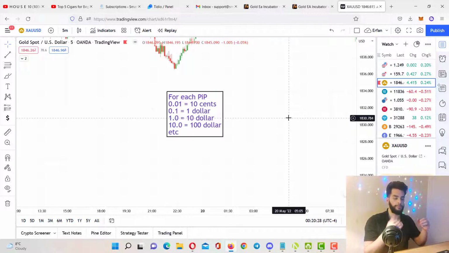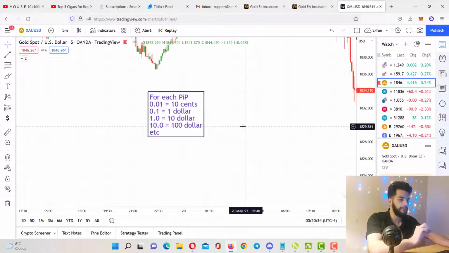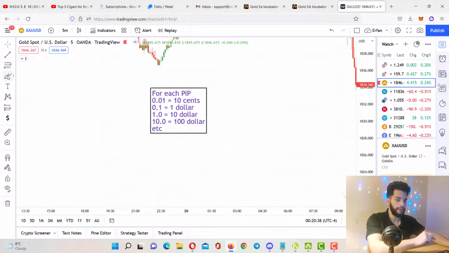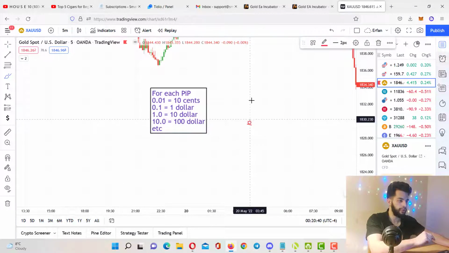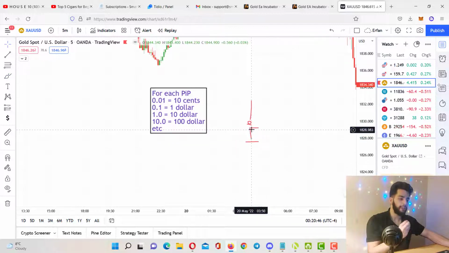The difference between the number that I'm pointing at right here and the number above or below it, it doesn't matter, is the number of pips, and each pair is totally different, and you need to know how to calculate it.